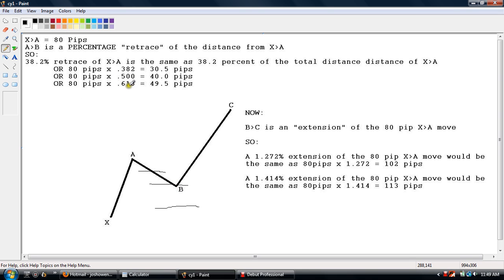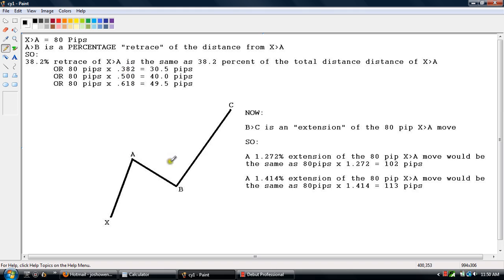A 618 is 61.8% of the 80 pip X to A, which is going to give you 50 pips, roughly 49.5 pips back into the X to A leg before continuing on. So I hope that sort of explains a little bit about the dynamic relationship of X to A back down to B and what that looks like.